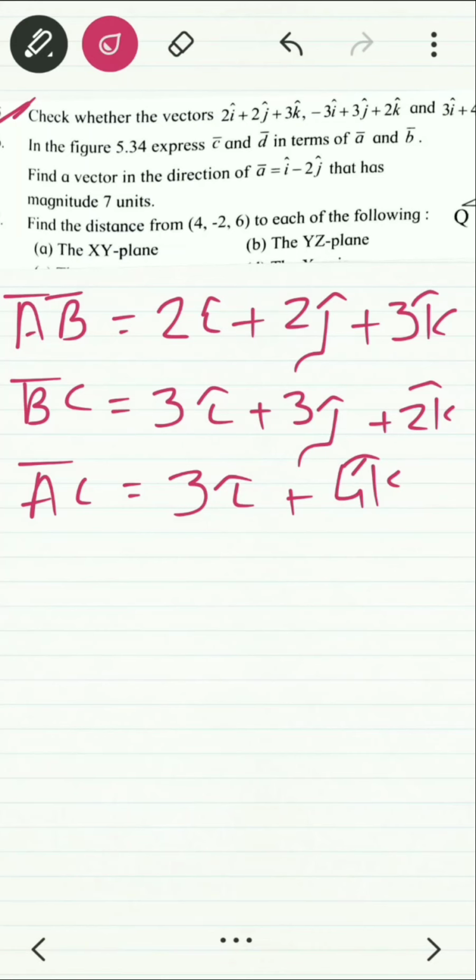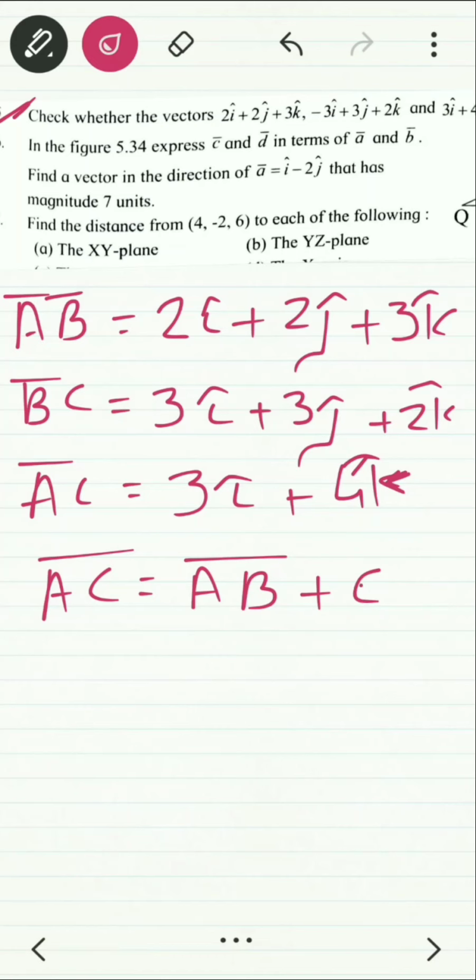Now to form a triangle, if the vector addition of any two of the vectors comes out as the third vector, then you can prove that the three points form a triangle. So we have to check whether AC bar is equal to AB plus BC. This part I am leaving to you as an assignment.